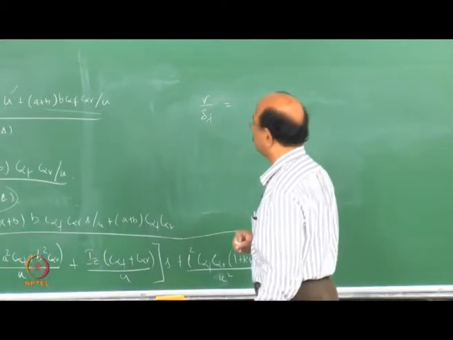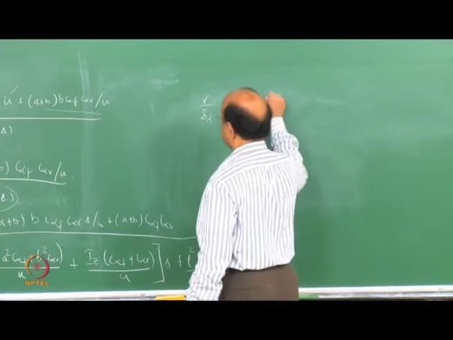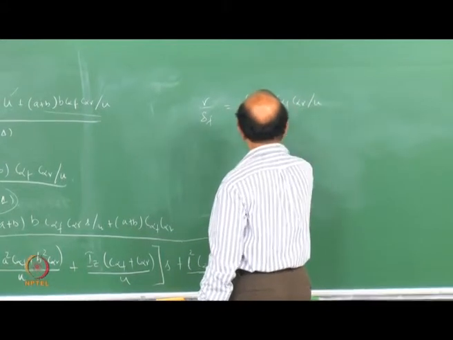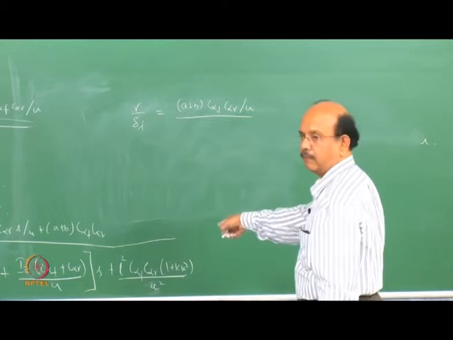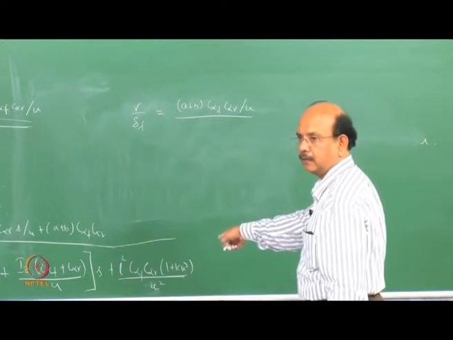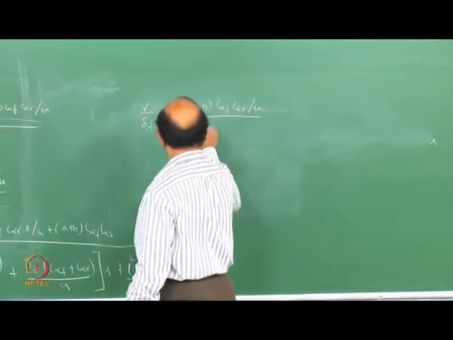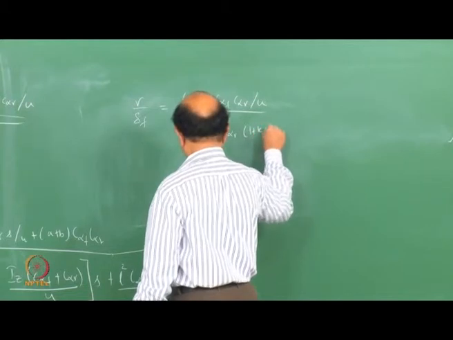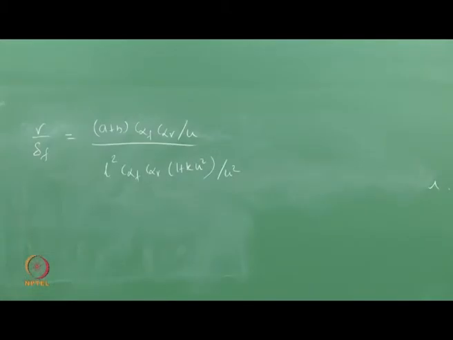Can you tell me what is the steady state gain? a plus b C alpha f C alpha r divided by u, divided by, the last term here, L squared C alpha f C alpha r, 1 plus k u squared by u squared. You can simplify that later. That's at s equal to 0.